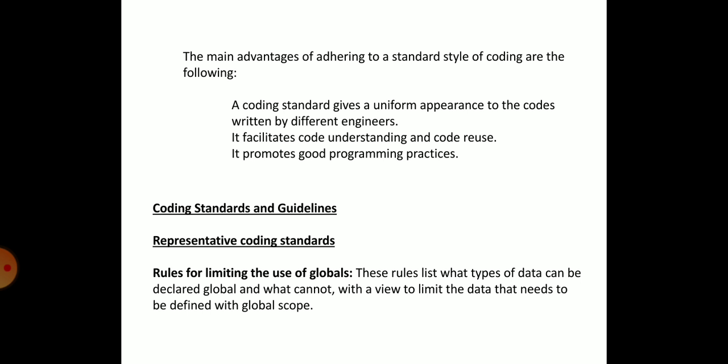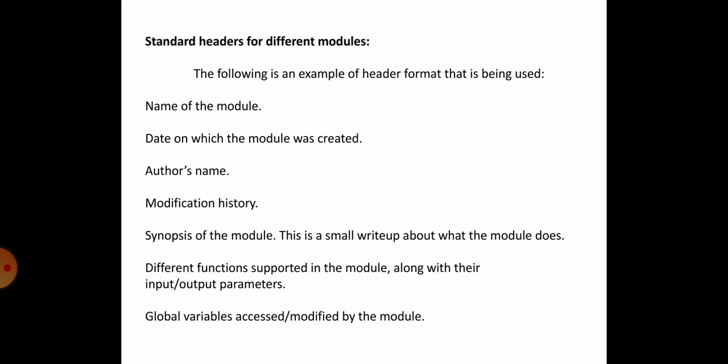The global variable should have a limited purpose, or a limited number of variables should be declared with global scope. Otherwise, it leads to many confusions in coding. And standard headers to precede the code of different modules.